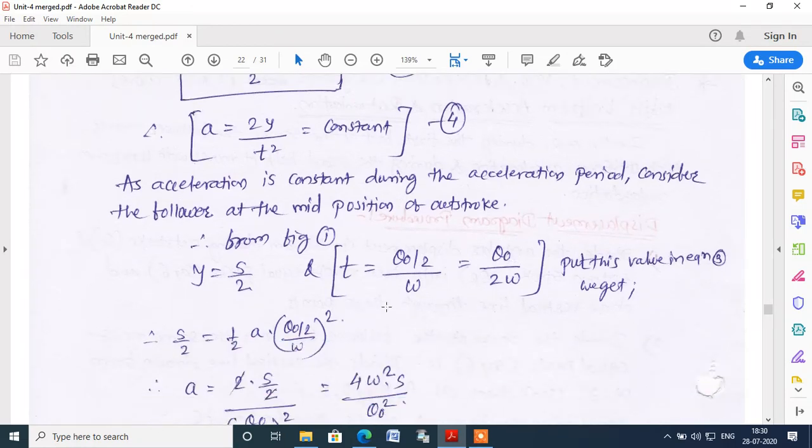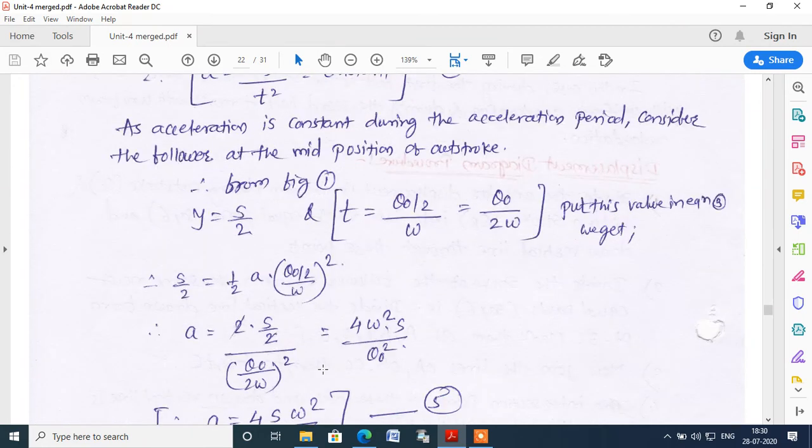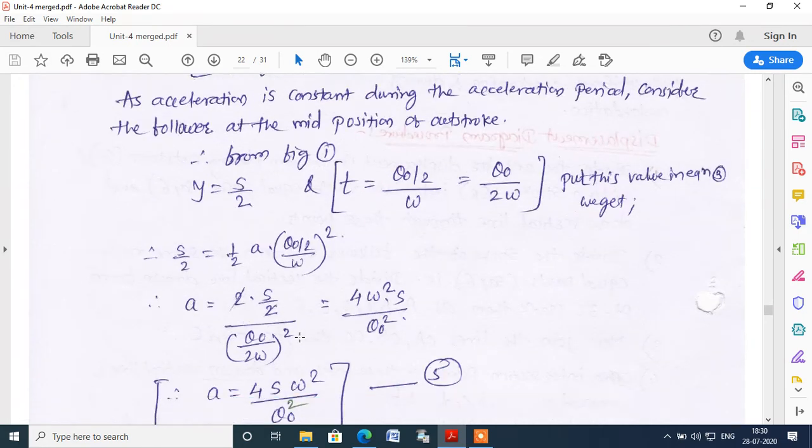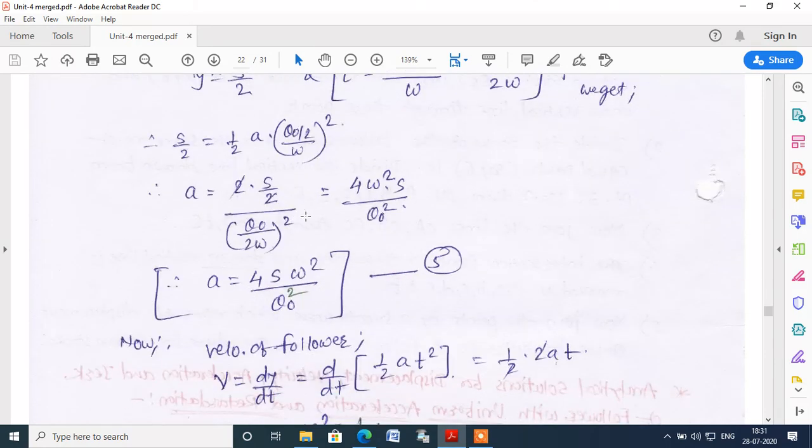Putting this value in equation number 3, we get s by 2 equal to half a into theta naught by 2 upon omega, whole square. So we will get a equal to 4s omega square upon theta naught square. This is the acceleration of the follower during uniform acceleration and retardation motion.